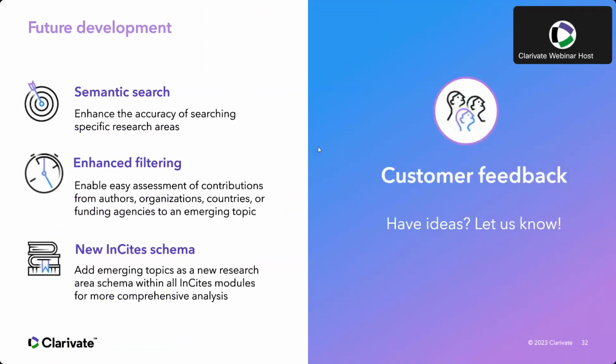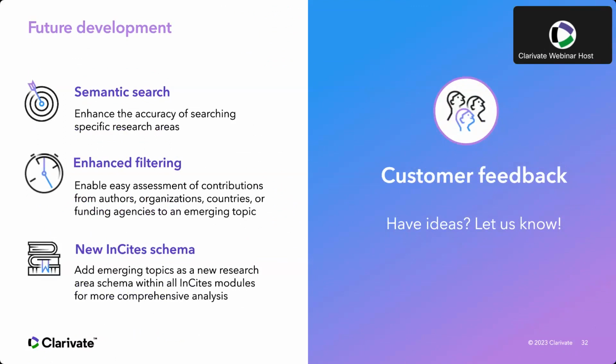In terms of future developments, and I'll finish on this, we'll work on semantic search, so you can search those topics using natural language. There will be more filters to do those analyses, like benchmarking institutions side by side or countries side by side.